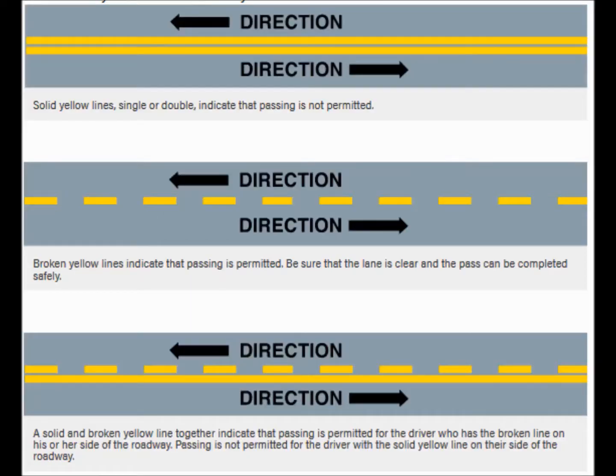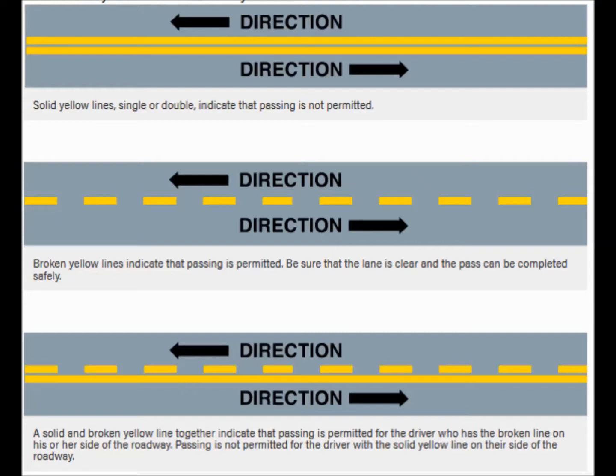Image description. A gray rectangle symbolizing a road. In the center, there is a dotted yellow line. Above the dotted yellow line is the black lettering direction with an arrow pointing left. Below the dotted line is the black lettering direction with an arrow pointing right. End ID. Image description. A gray rectangle symbolizing a road with two solid yellow lines.